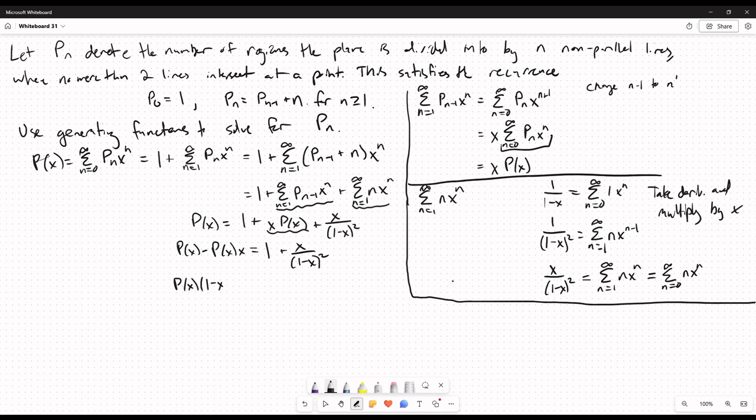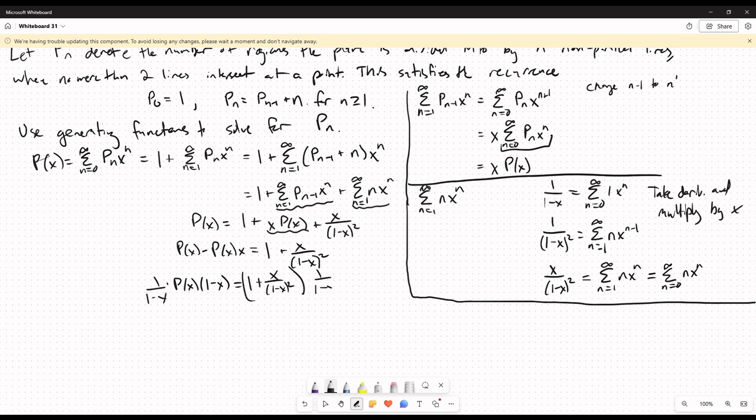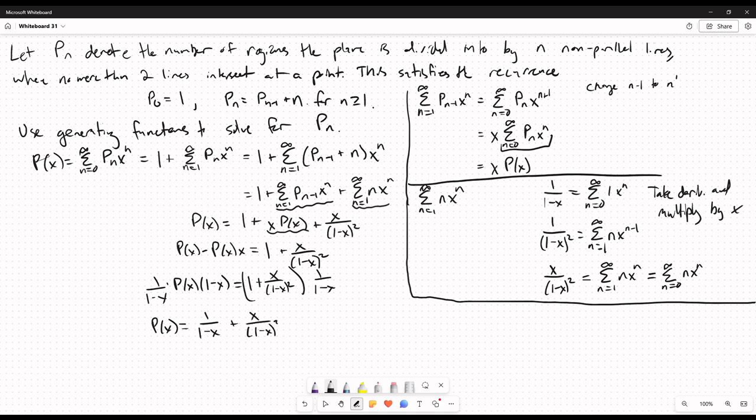That'll be p of x times 1 minus x equals 1 plus x times 1 minus x squared. And then I'll just multiply both sides by 1 over 1 minus x to get p of x equals 1 over 1 minus x plus x over 1 minus x cubed.